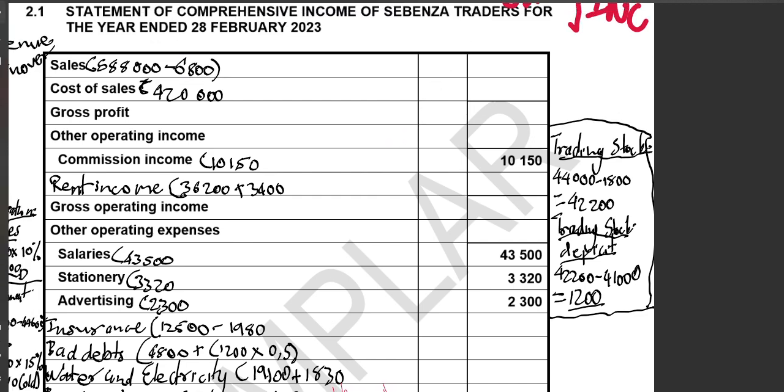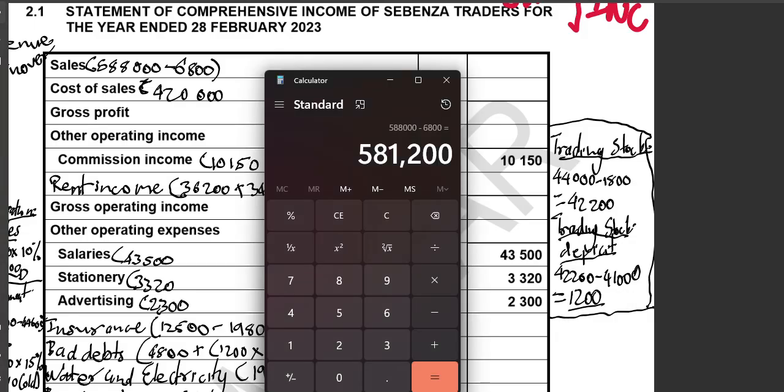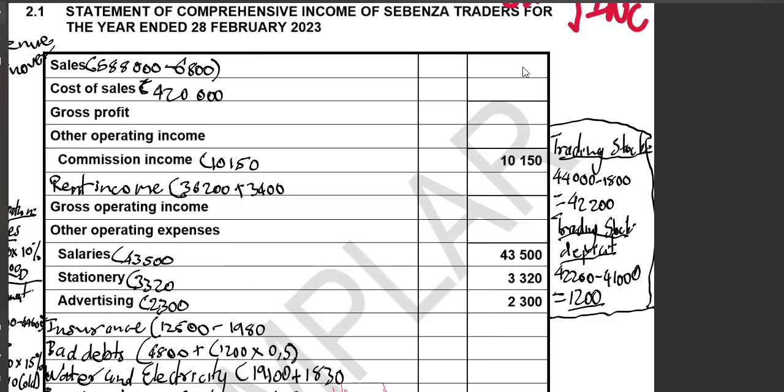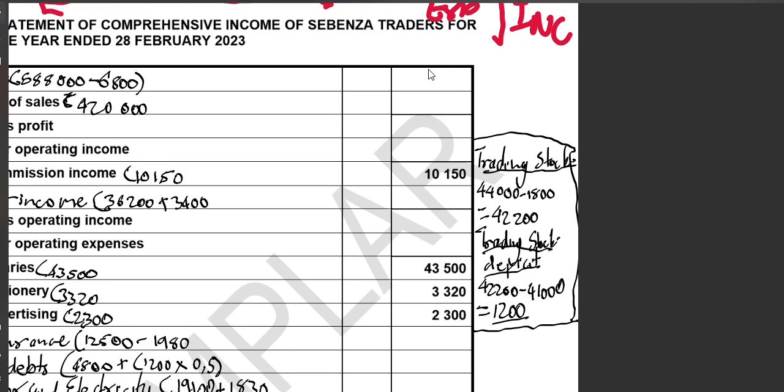Now, what is the answer here? It is 581,200. So we are going to write 581,200. That's what we have.